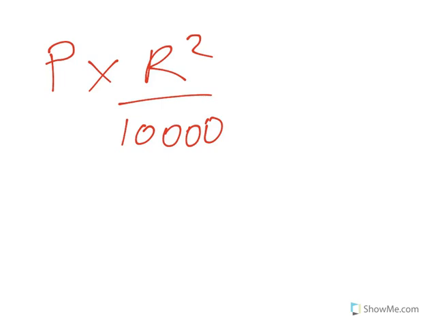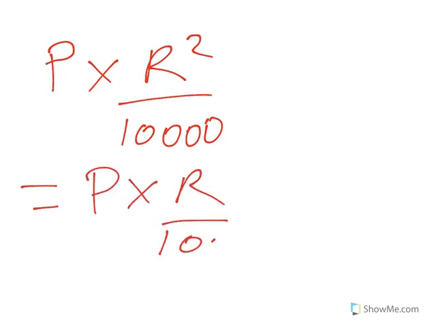So this is a really useful formula, and you're actually allowed to use it. It can also be written as P times R by 100 whole square. You're allowed to use it in the boards, but remember, this only works if the time is given as 2 years. Let me mention one last time what this is.